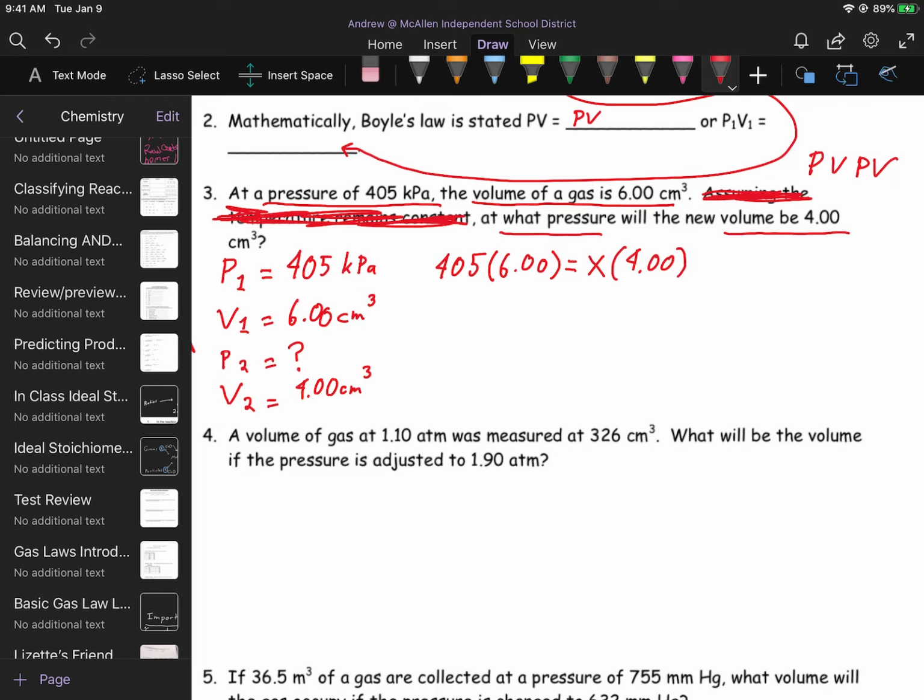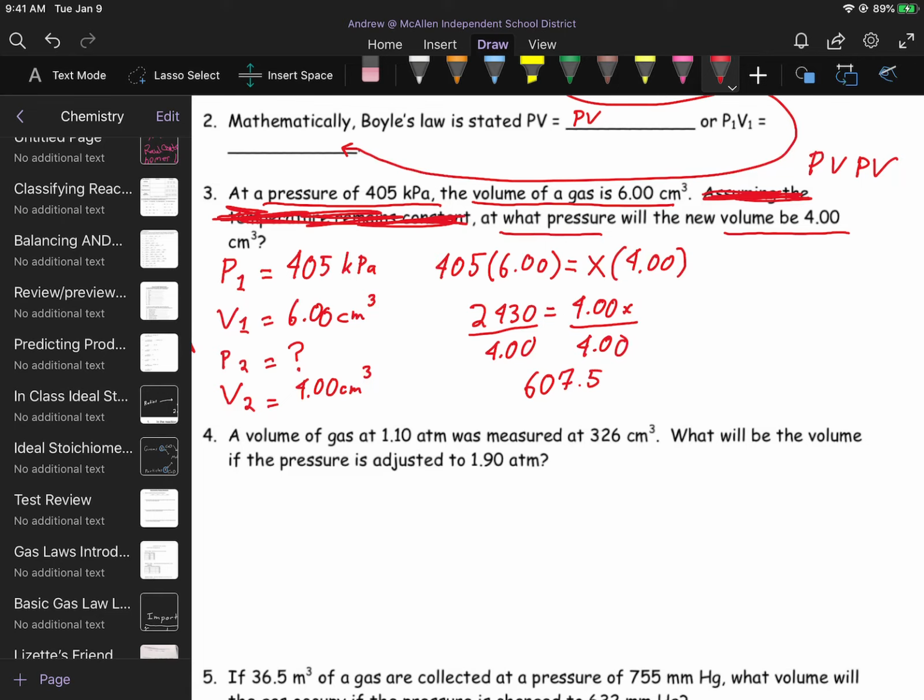Now, pull out our wonderful calculators. You can't see it, but I'm on my calculator right now. 2,430 equals 4.00x. Just divide both sides by 4.00. Divided by 4.00. 607.5.